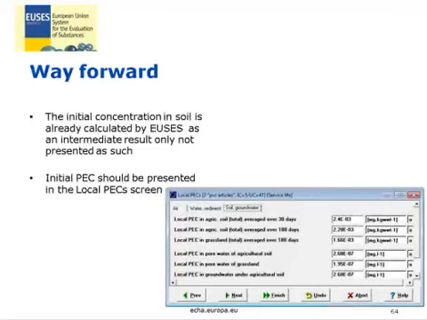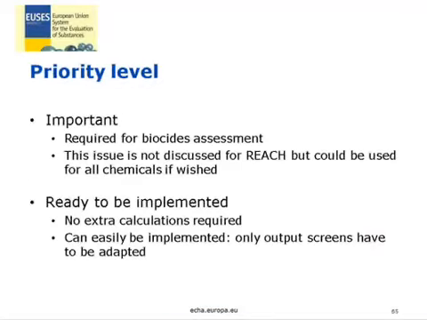So it will be a very minor effort to have this available in the EUSES. Well, it's required for biocides assessment, therefore we thought it's important. It could be used for other chemicals as well, but this has not been discussed, for instance, in the context of REACH. Well, it's ready to be implemented, it's quite clear, so no issue, I think.